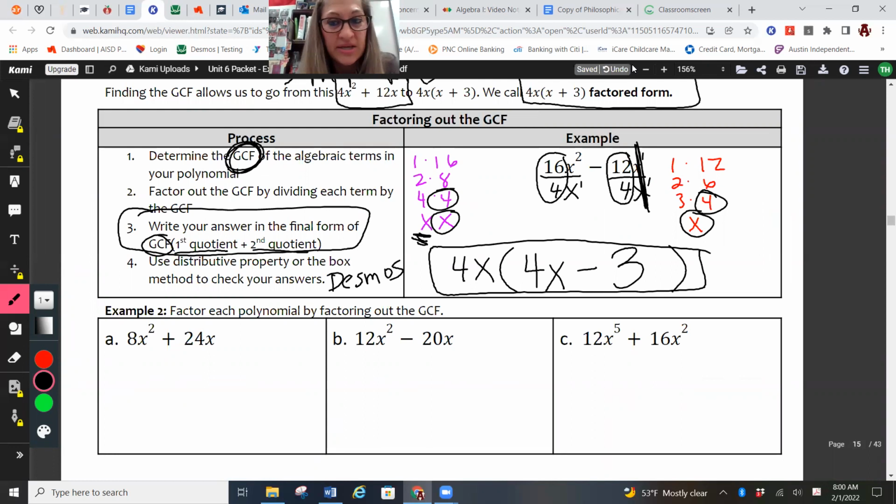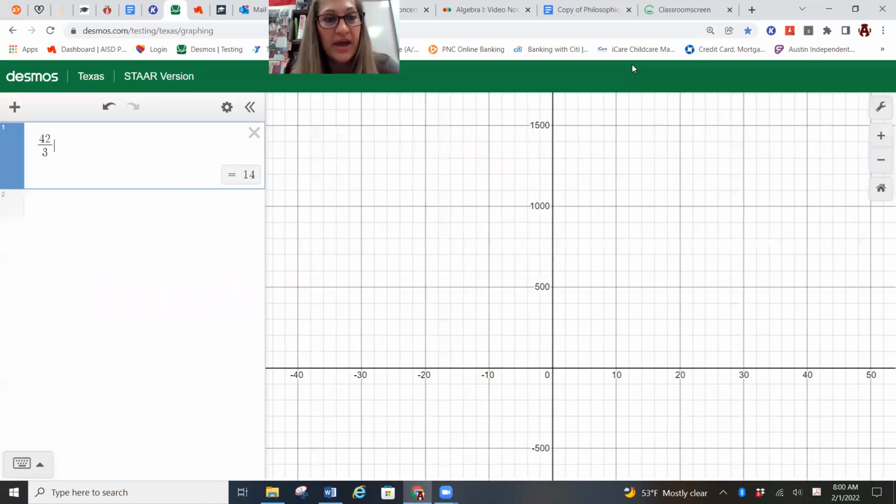Now, step 4 says check it. Either multiply it back together using the box method or distributive property. I'm just going to use Desmos. 16x squared minus 12x. So I'm going to type in the problem.